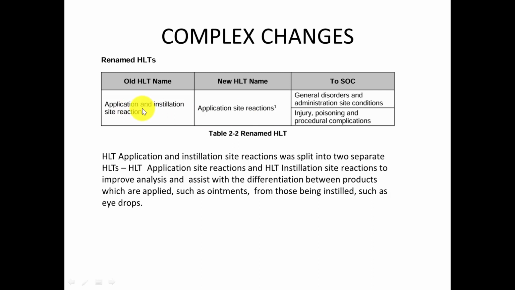If you look carefully, the changes were made to application site reactions and installation site reactions. Two different terms have been created. The HLT was split into two separate HLTs, application site reaction and installation site reaction, to improve analysis.